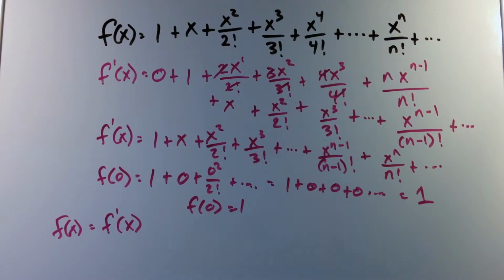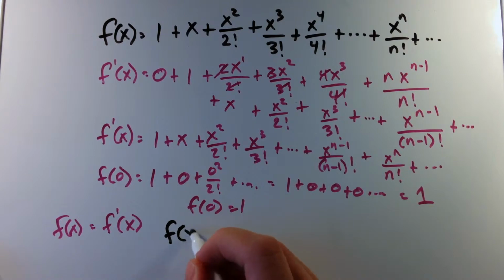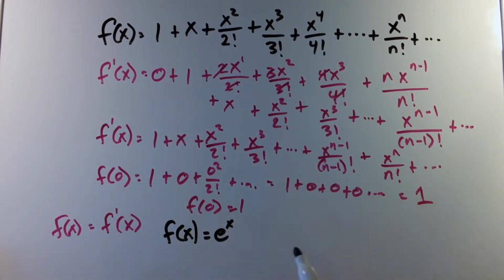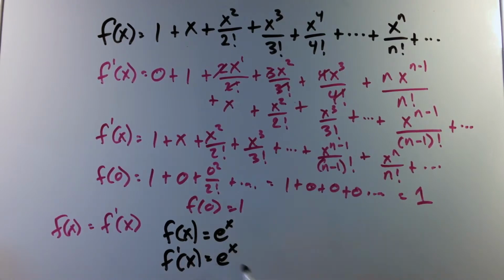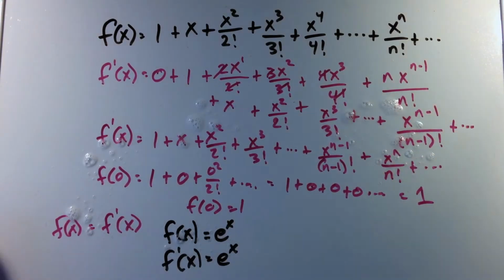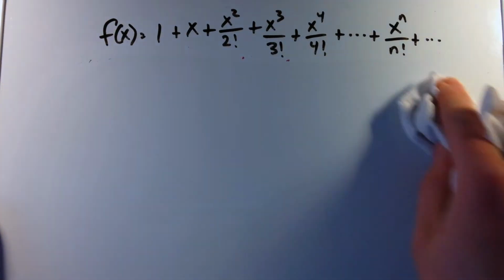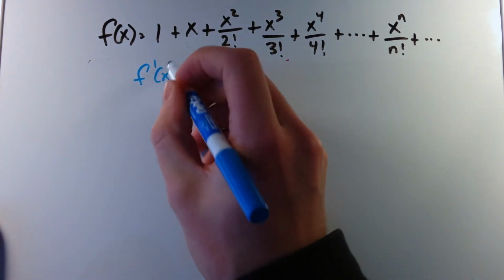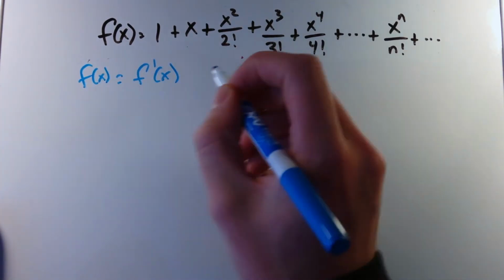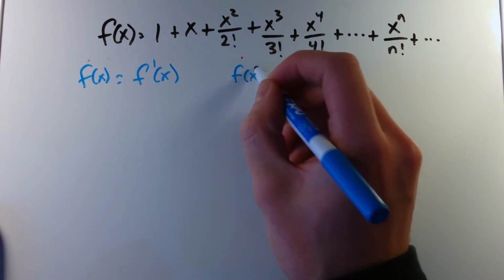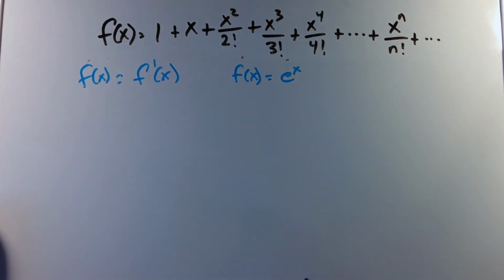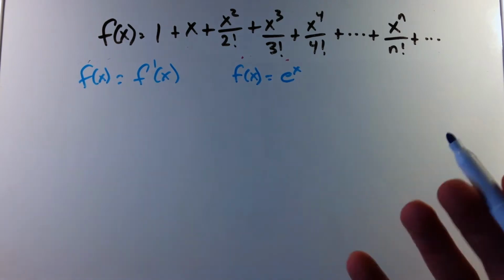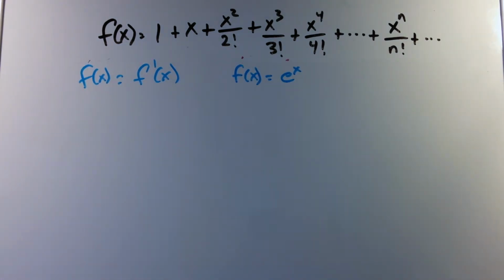And a function that really just comes to mind here is e to the x, because f prime of x is still just equal to e to the x. So to recap here, f prime of x we said was equal to our f of x, and the only function we know that to be true for right now is just e to the x. So maybe this series here is that function e to the x.